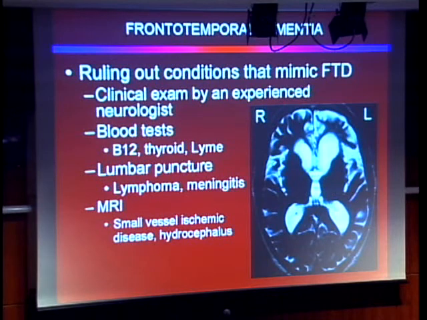You can see some enlargement here of the fluid-filled areas in the center of the brain called the ventricles, and you see this enlargement and the white here compared to the right side because the darker areas, which are the brain areas, have become smaller. They've become a little bit atrophic because the brain cells in these areas are not functioning as well as they ought to, and so we're seeing an asymmetry, a difference between the left and the right hemisphere that is consistent with the diagnosis of FTD.